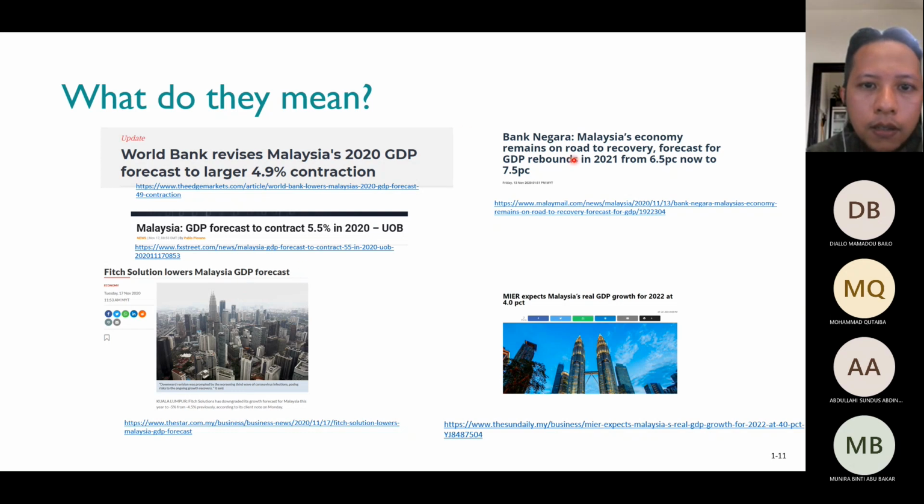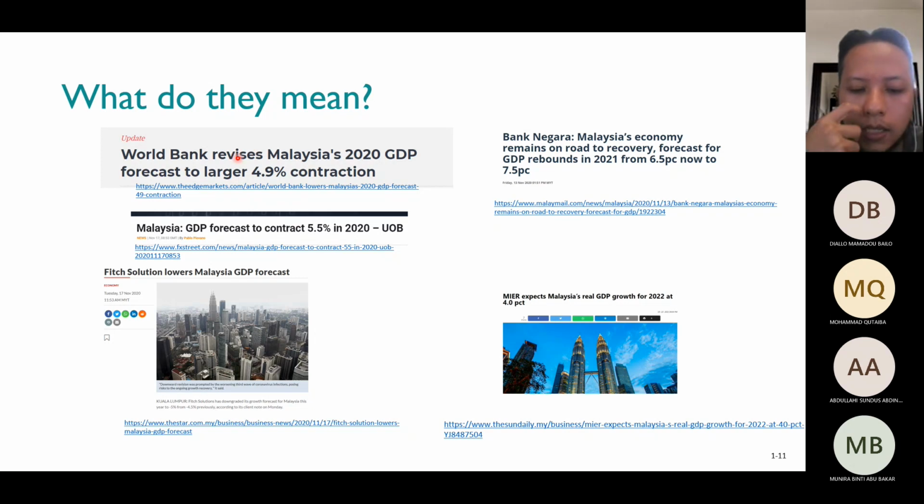Here they say Malaysia's economy remains en route to recovery. Forecast for GDP rebounds in 2021 from 6.5% now to 7.5%. So this quotation, especially in the news, is basically in percentage, but they do not show the real number. They do not show how much, by a trillion or a billion. It's all in percentage. So the percentage is the one that is important to understand.